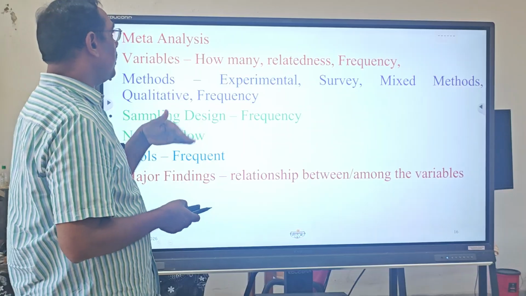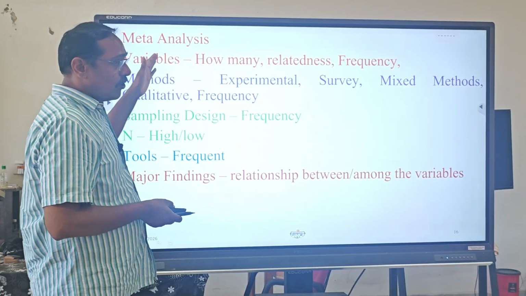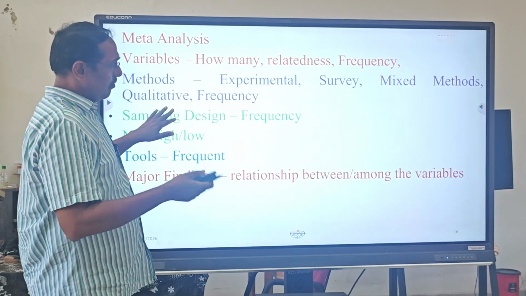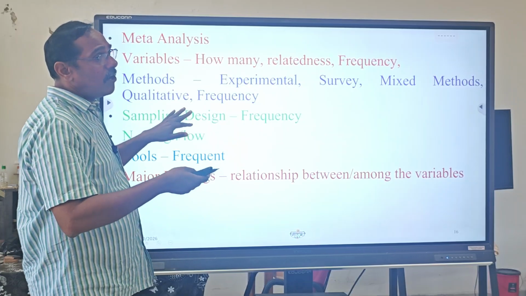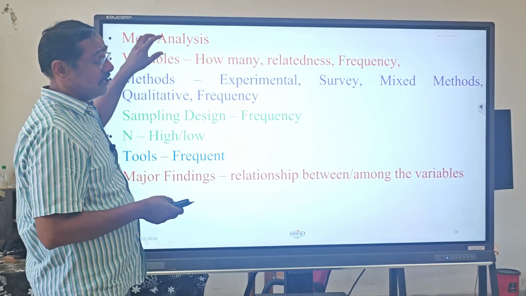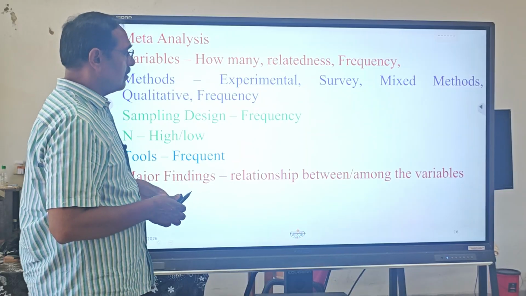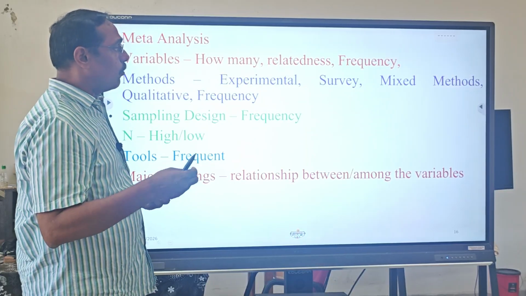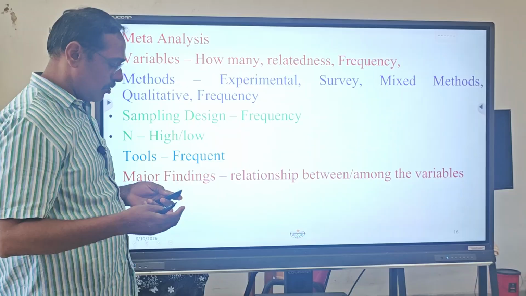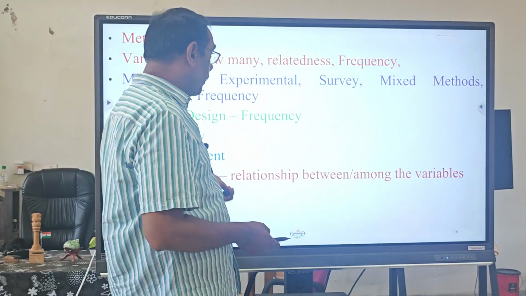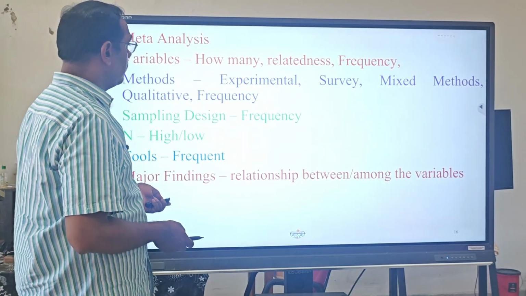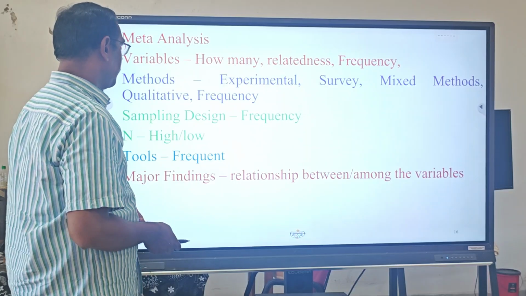From the tabular column, you can keep writing across these subtitles, because the tabular column is much better than narration. By this time you could have got some idea of your proposed research, and that will be the next step.